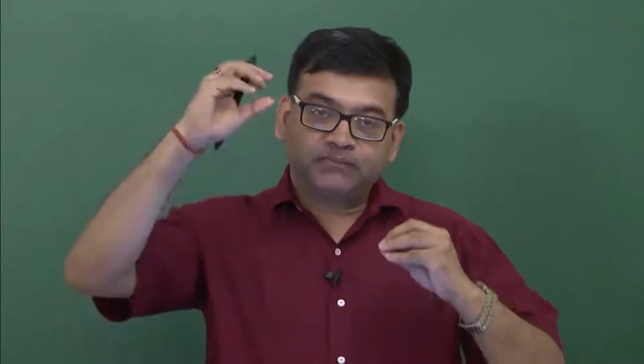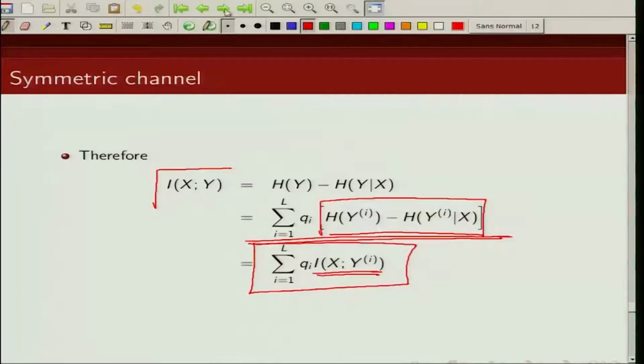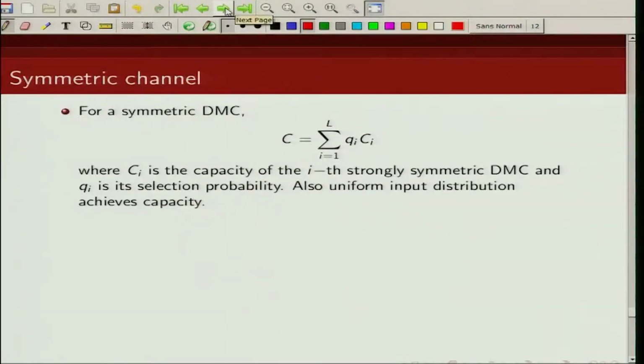Alright, and we are going to exploit this to get the capacity of a symmetric channel. So if we are able to decompose our symmetric channel into strongly symmetric channels, and since it's the same input which goes to all of these strongly symmetric channels, and we know that it is the uniform input distribution that achieves capacity, we should be able to get the expression for capacity of a symmetric channel.